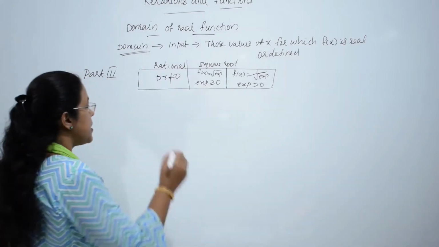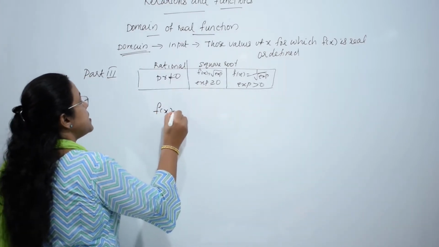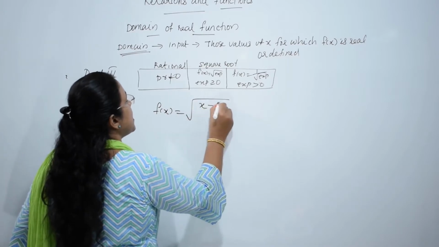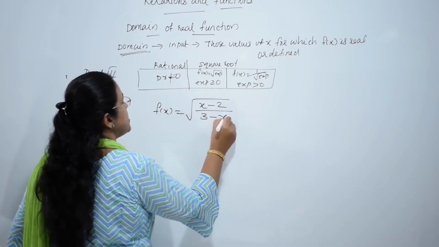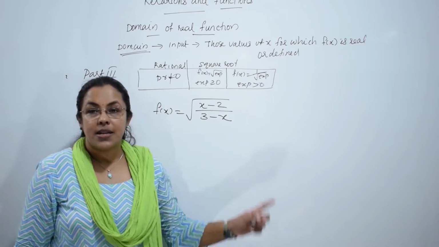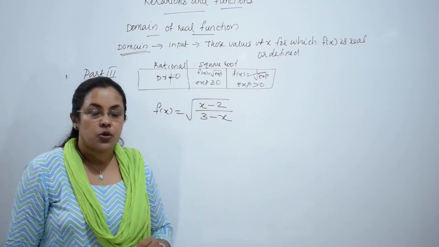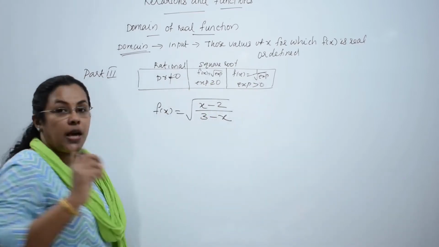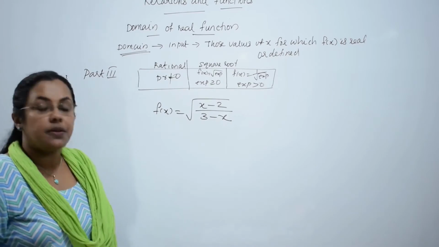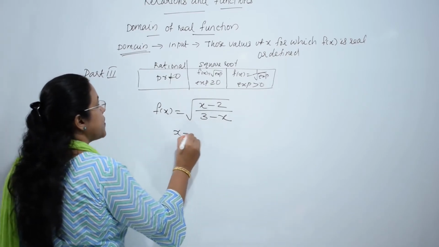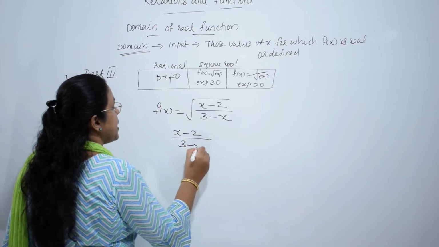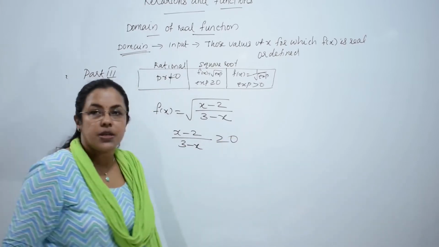Now consider the question: find the domain of f of x is equal to root over (x minus 2) upon (3 minus x). It's a square root function, so we know the expression inside the square root must be greater than or equal to 0: (x minus 2) upon (3 minus x) is greater than or equal to 0.